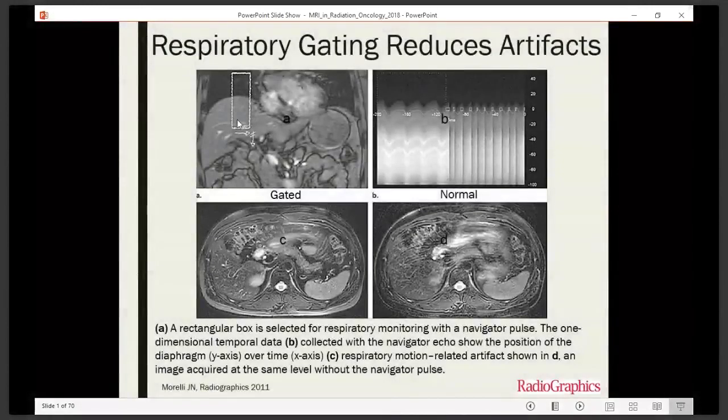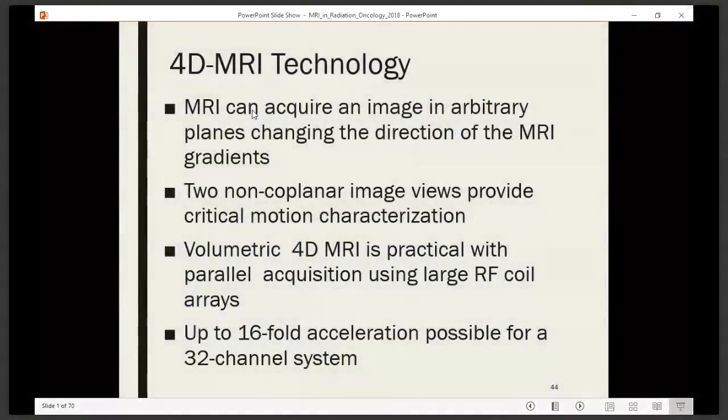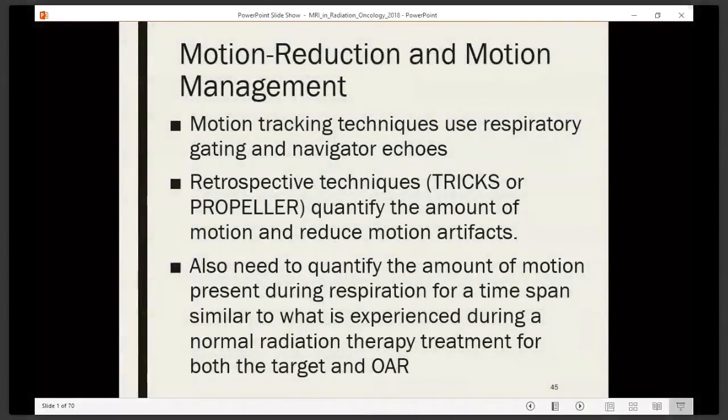So if you go back to this one, not only have one on the diaphragm, but also one on the chest wall, then you've got it covered. And using parallel image acquisition with large array coils allows us to accelerate the process, using 16-fold acceleration for a 32-channel 3 Tesla system, and even faster methods are being developed.